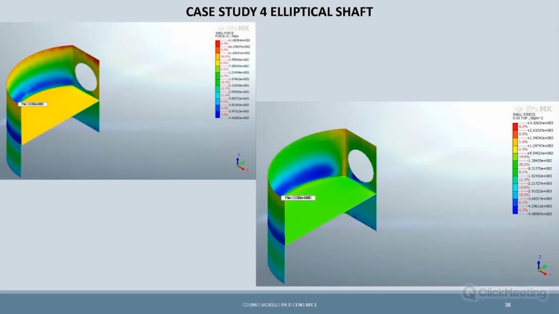Then, at the end of the day, what we are going to design is the structure. So here you have the forces in the direction of SXX on the bottom and on the top.